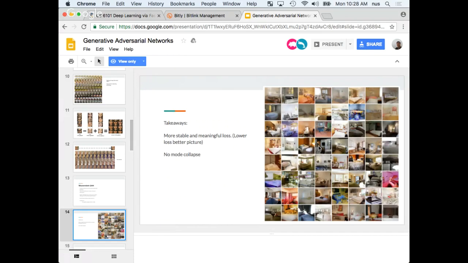The results on the same dataset are shown here, and you can see that it performs much better. And not only that, it avoids something called mode collapse. I'll come to this in a little bit, but this is one of the major problems that GANs face.